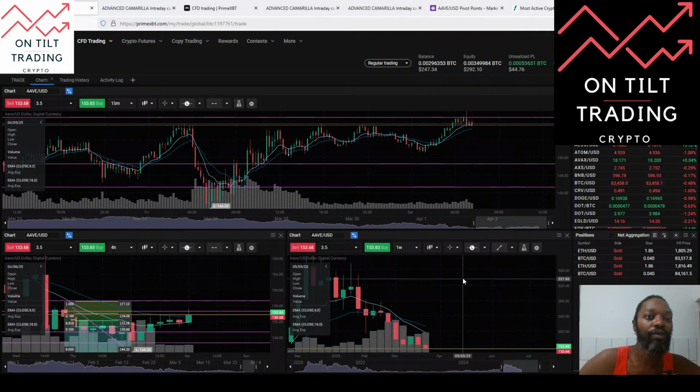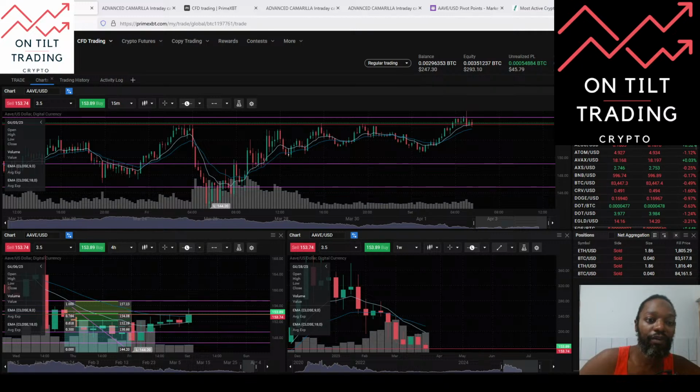So right now we'll have a quick look at some of the positions that I entered into during yesterday's volatility in the New York Open. And you can see this is the New York Open for yesterday, past the Open in New York, and pre-market.